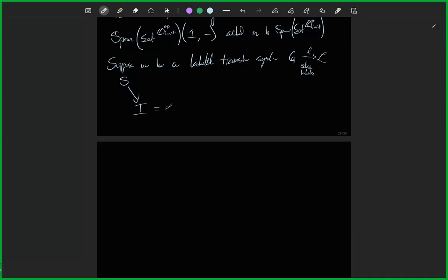So let me describe I. I is going to be L star, the sequence of labels. And then S is going to be, I should really say L star of n is equal to L^n.